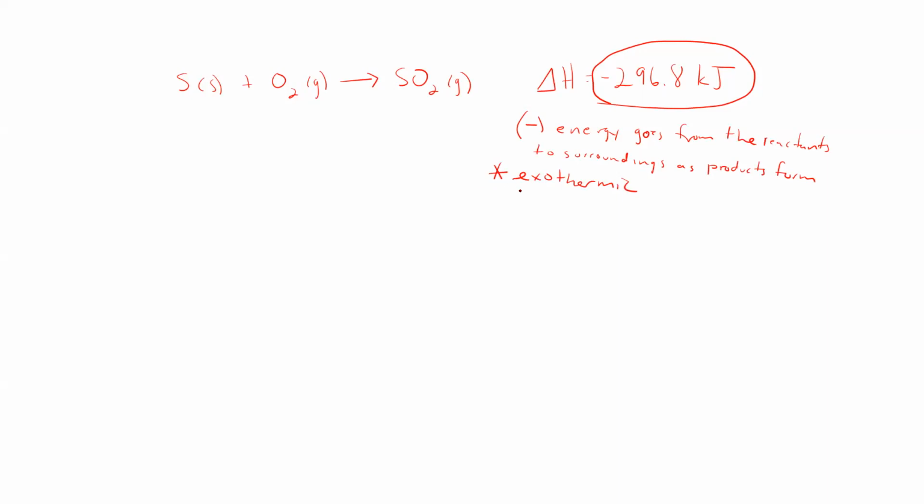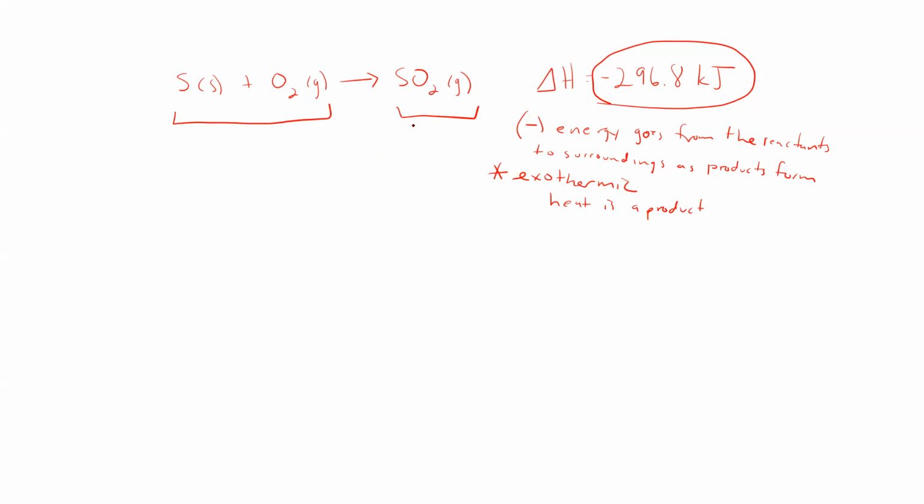Now, this chemical reaction, if we think about what it means to be exothermic, exothermic says that essentially heat is a product. So what we're really doing is comparing the overall potential energy stored in those initial bonds, sulfur and oxygen, compared to that with the sulfur dioxide.